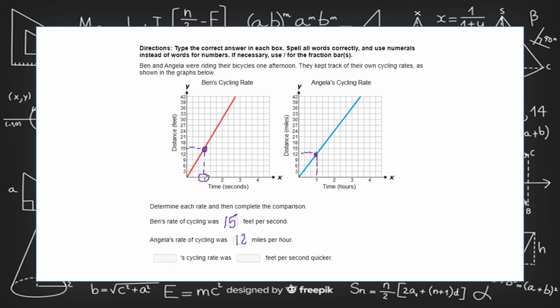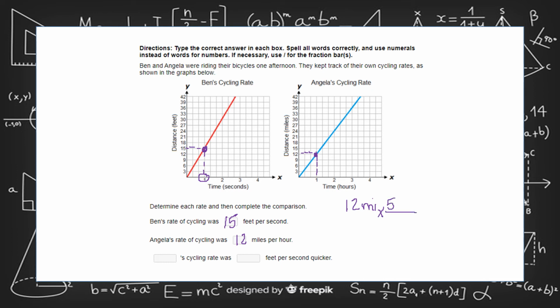So I want to know how many feet per second someone is quicker. So we need to change Angela's to feet per second. So we have 12 miles, and I'm going to do a conversion. How many feet are in a mile?